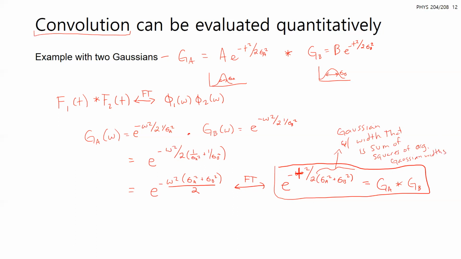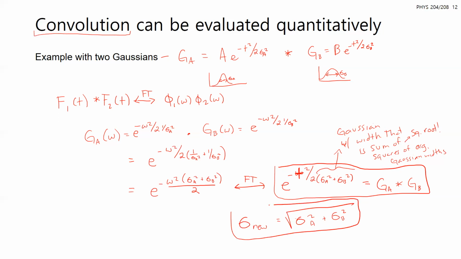The new width of that Gaussian after the convolution is the sum of the squares of the original Gaussian widths. So we can say that new width is going to be the square root of the sum of the squares. That I forgot to include in there.